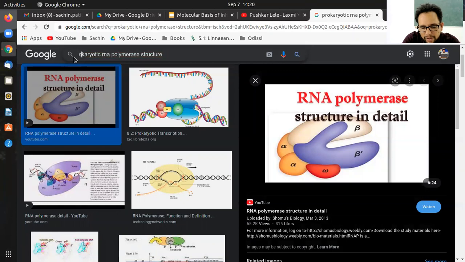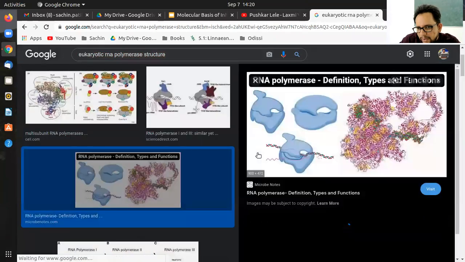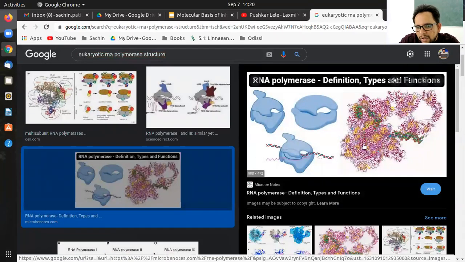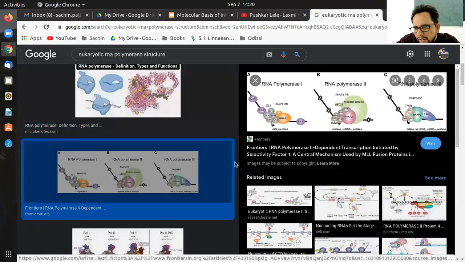So that way in eukaryotes, we already have totally different sets of proteins, right? Eukaryotic DNA structure. Again, I'm not too sure. Do I see any difference here? RNA polymerase. Yeah.